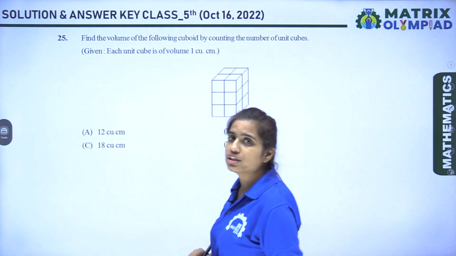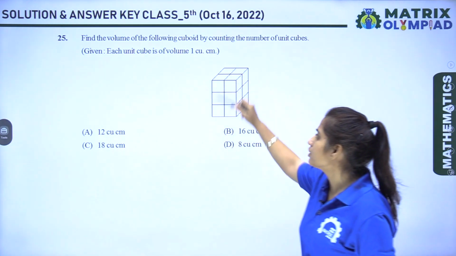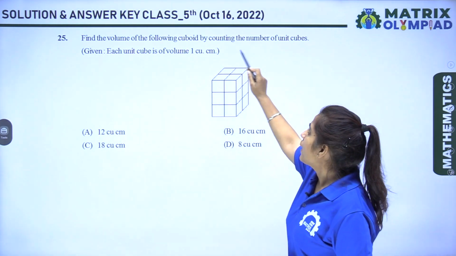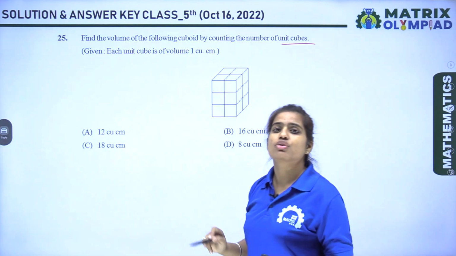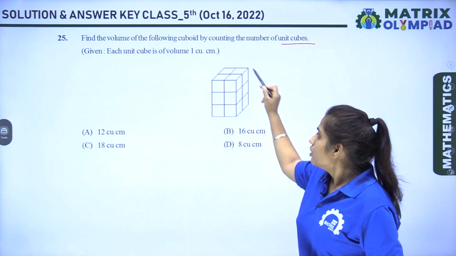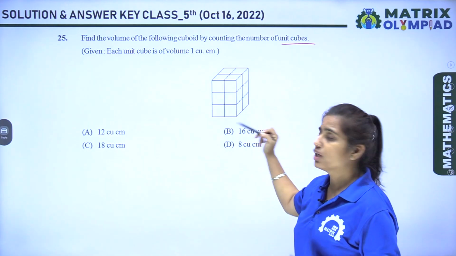Here the question says to find the volume of the following cuboid. This is a cuboid, and by counting the number of unit cubes, we have to find the volume.